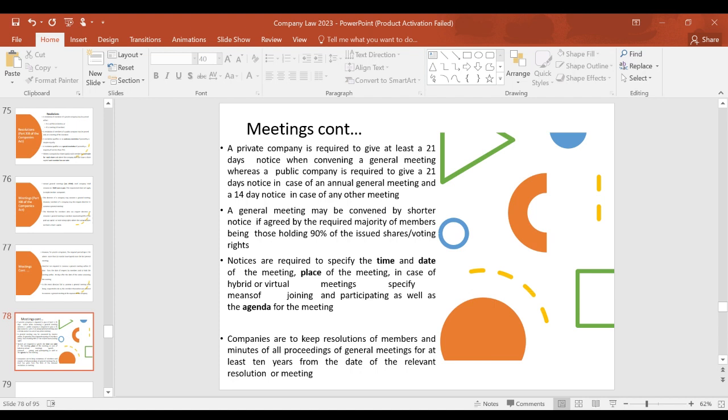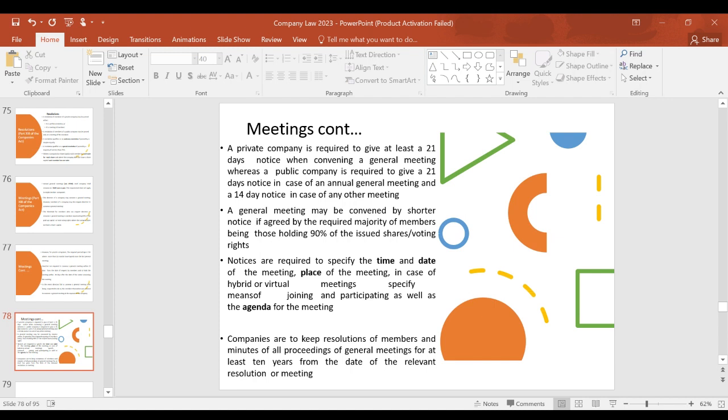Now, when circulating this notice for that particular meeting, the directors are mandated to specify some particulars. Some of those will be the date when this meeting is going to be held, and the venue where this meeting is going to be held. If the venue is online or physical, they also have to indicate.